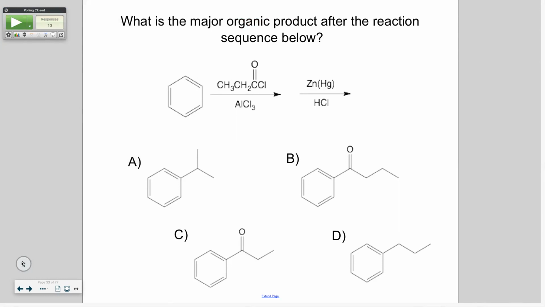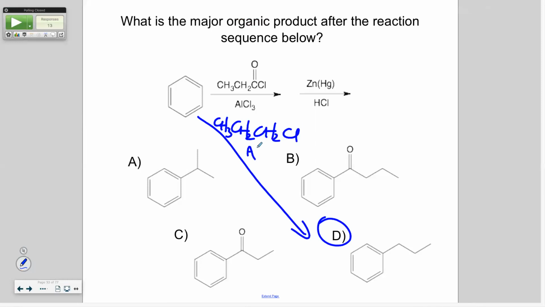So the correct answer is okay. And there's no rearrangement. That's why you do it that way. Because if you wanted to make this and you tried to do it this way, guess what?